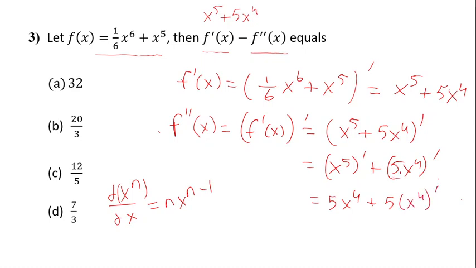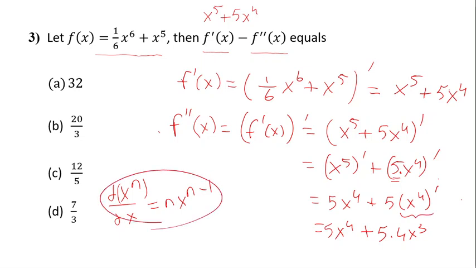This 5 is a coefficient here. Coefficients are not affected by the derivative. It's 5 times 4 times x cubed. So now this has to be 5x to the fourth plus 20 times x cubed.